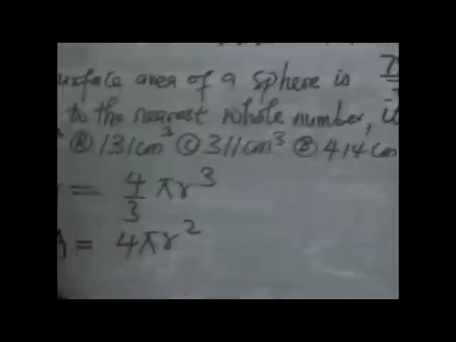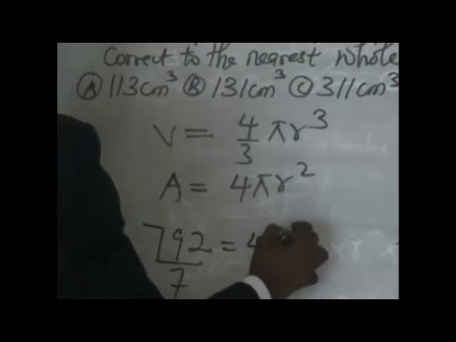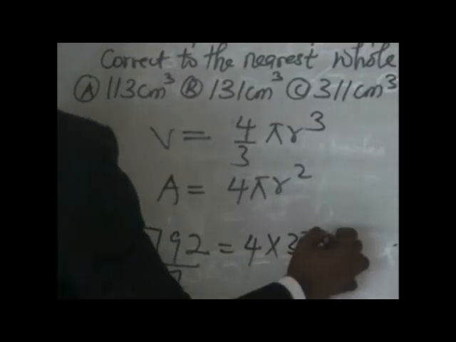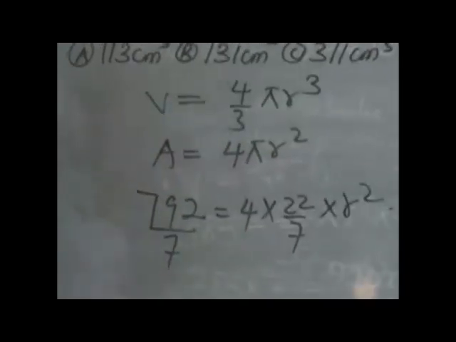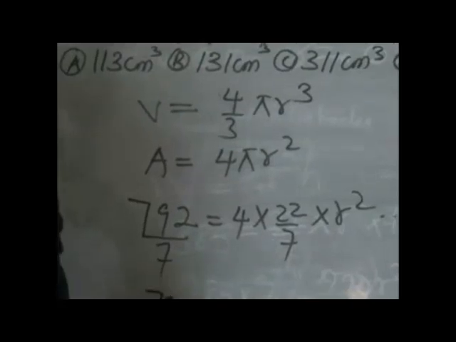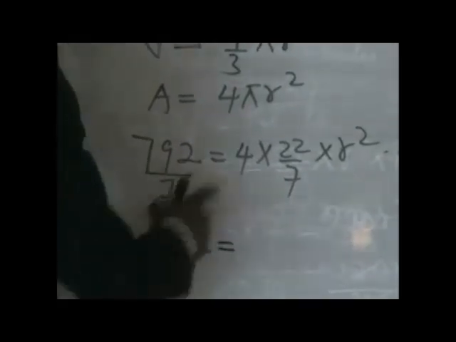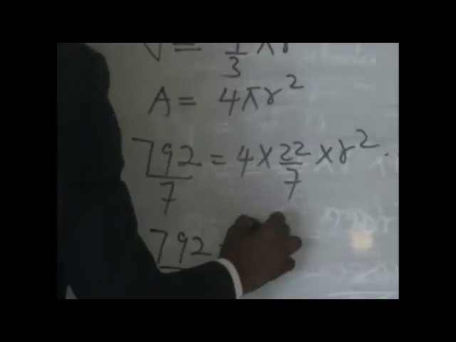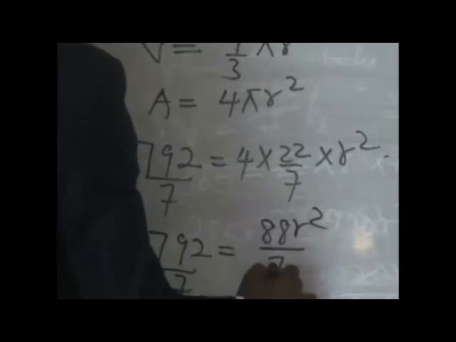We are given 792 over 7, equal to 4 times 22 over 7 times r squared. So this becomes the expression. 792 over 7 equal to, now 4 times 22 should give us 88 r squared over 7.